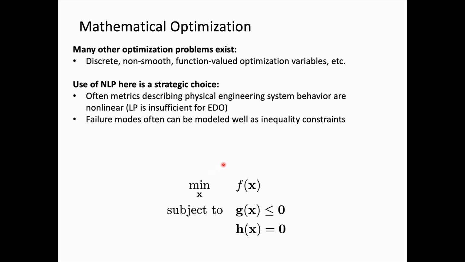Also, failure modes for physical systems, so things like temperature constraints or stress constraints or volume constraints, these things can be modeled very well as inequality constraints. So we want to learn about optimization problem formulations that allow us to include these inequality constraints, or g of x in the notation used here.